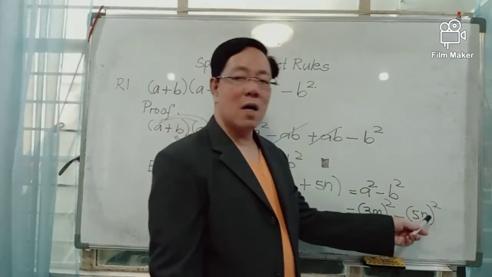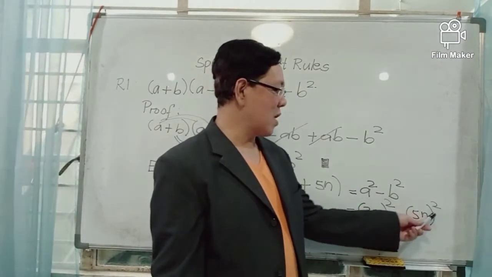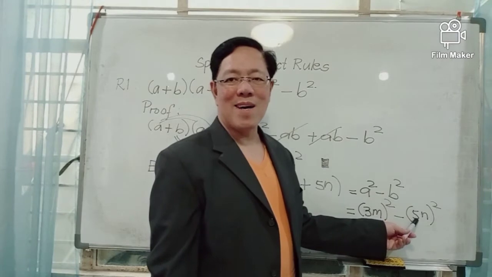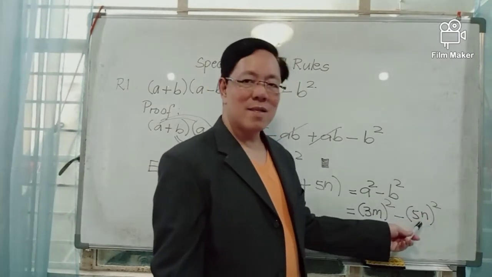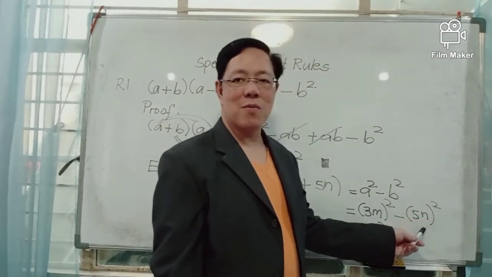the square of 5n by property of exponent equals the square of 5 multiplied by the square of n. And the square of 5 is 25. Multiply by the square of n.